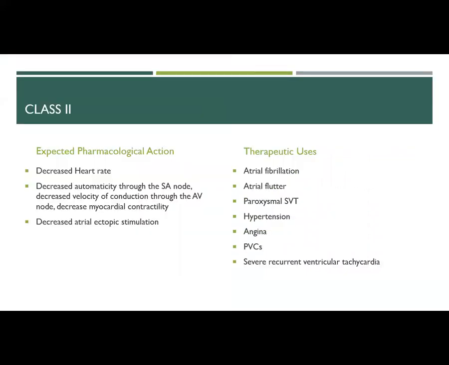Since they're blocking it, it's going to cause a decreased heart rate, decreased automaticity through the SA node, decreased velocity of conduction through the AV node, decreased myocardial contractility, and decreased atrial ectopic stimulation. Some of the uses are AFib, A flutter, SVT, hypertension, angina, PVCs, and severe recurrent ventricular tachycardia.